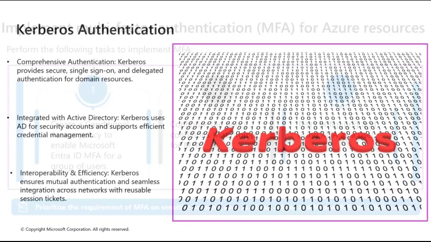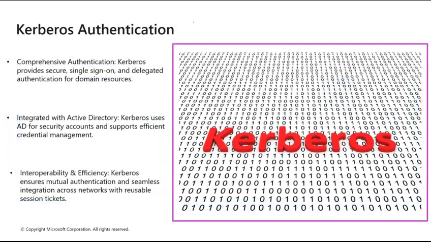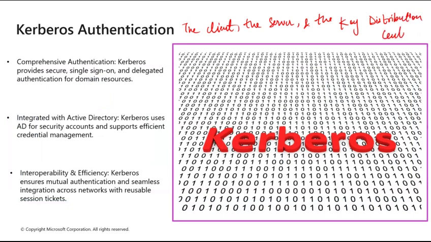First is the client, then comes the server, and finally what we call the key distribution center. Is this key distribution center the key vault or something else? No, it's something else.